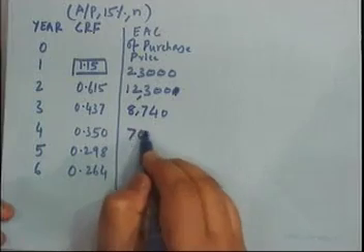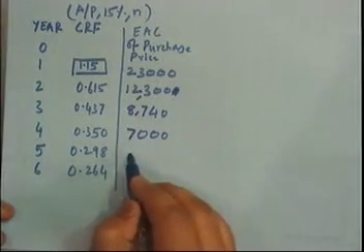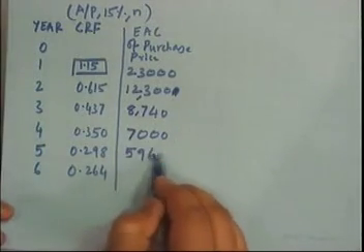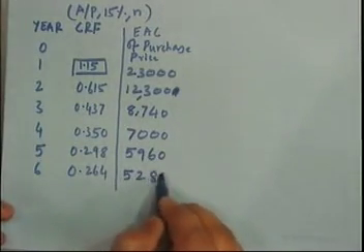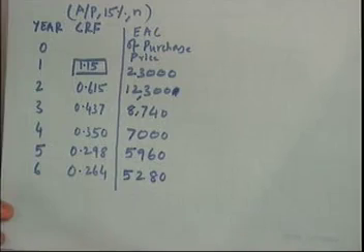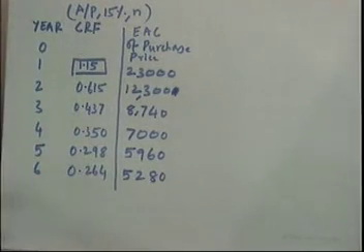This would become 7,000. This would become 5,960. And this would become 5,280. So, what I have done is I have converted the purchase price of 20,000 into an annualized cost if the period is 1, 2, 3, 4, 5, or 6.